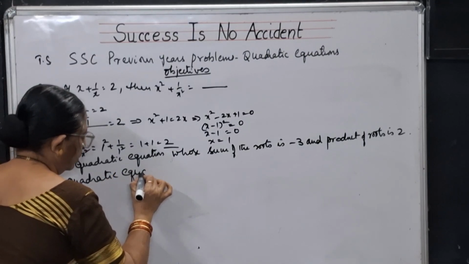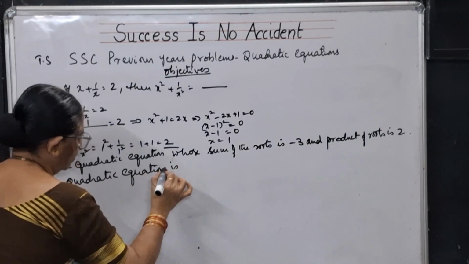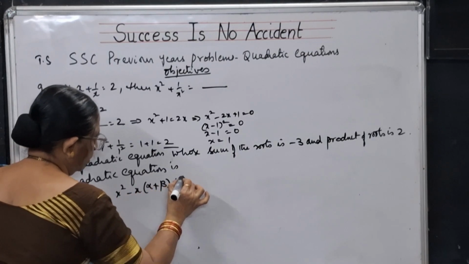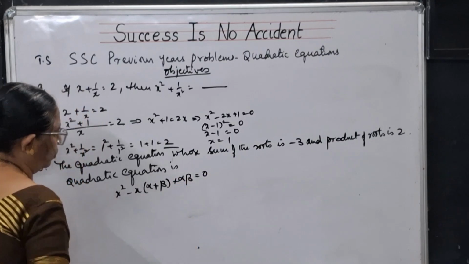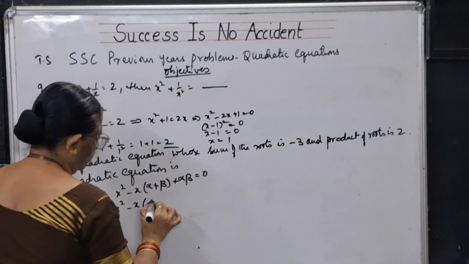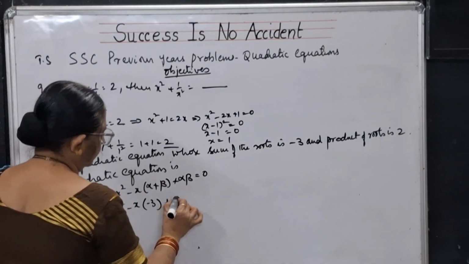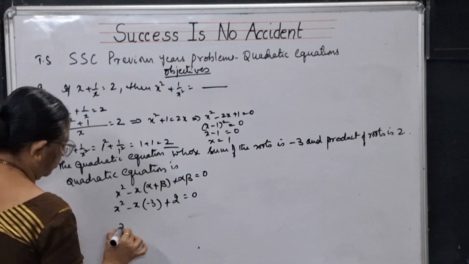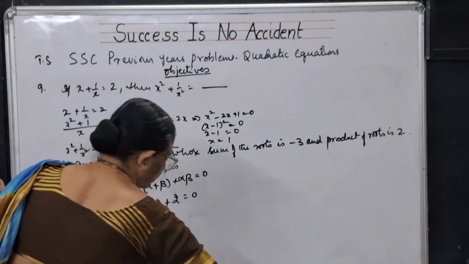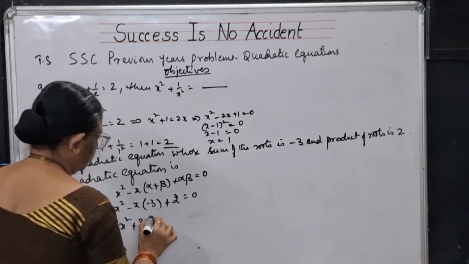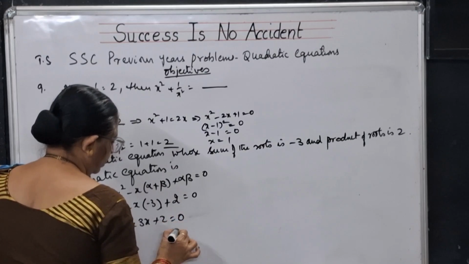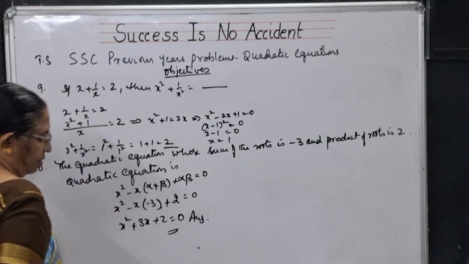General form of quadratic equation is x square minus x into alpha plus beta plus alpha beta is equal to 0. So x square minus x into sum of the roots, they have given minus 3, plus product of the roots 2 is equal to 0. That means x square plus 3x plus 2 is equal to 0 is the answer for this bit, children.